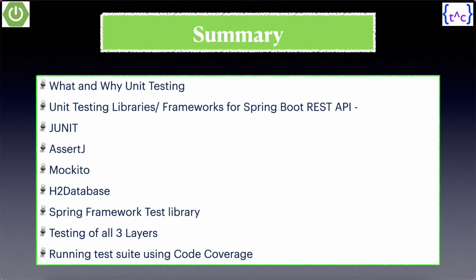And we also saw how we can test the entire test class using code coverage. What is the importance of code coverage and how can you check how much percentage of code is covered? This tool comes inbuilt with Intellij, even free version, that is community edition. All the unit test cases we have written, we have demonstrated for our Cloud Vendor API application, which we have been writing in our Spring Boot sessions.